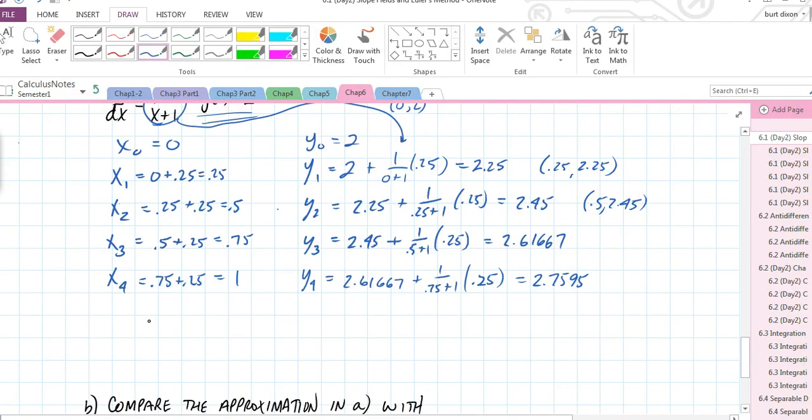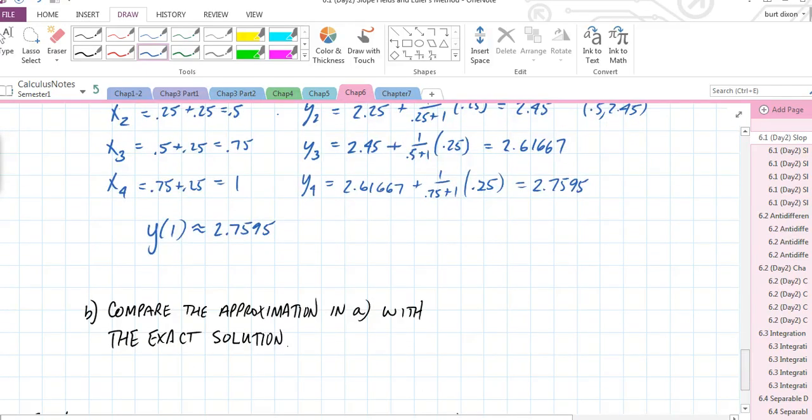So we're saying now that using the differential equation and step sizes of 0.25, y of 1 should be approximately 2.7595.